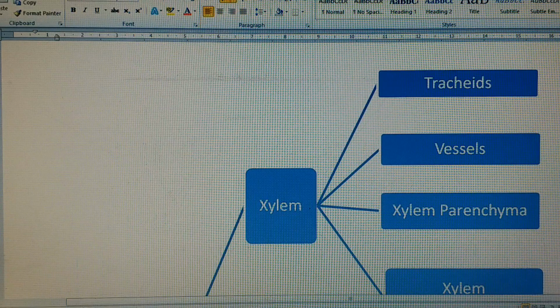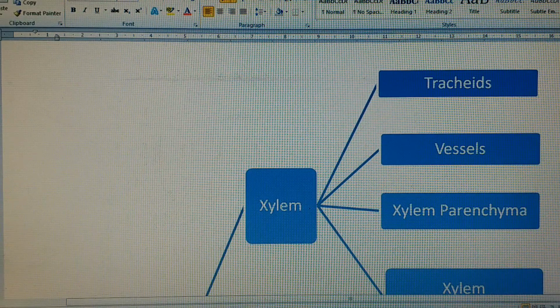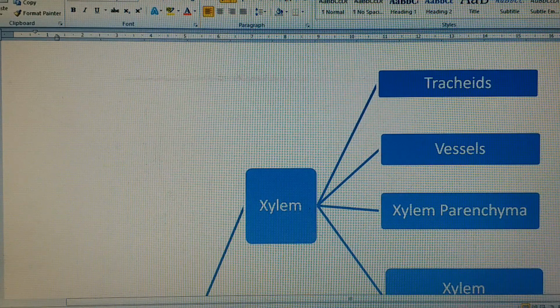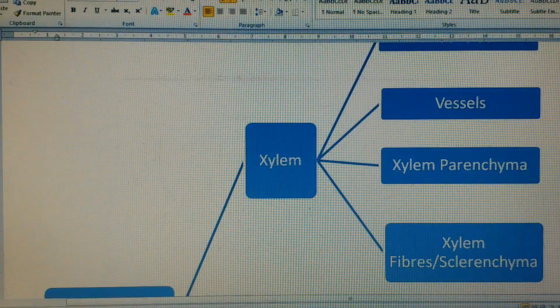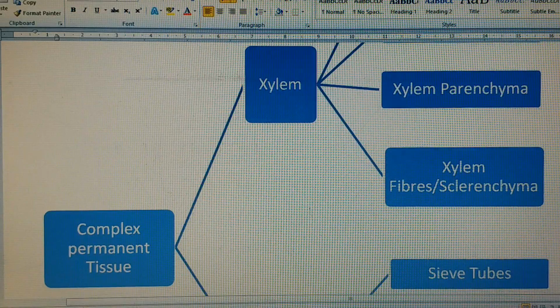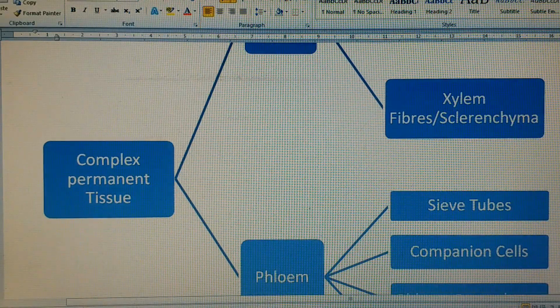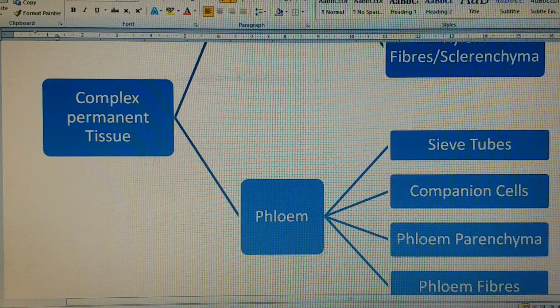Whereas in trachea, they have thin cell walls. Even though the deposition of lignin is also present here, they have thin cell walls, so the passage is very wide. Clear? The next one is vessels, then xylem parenchyma, and the last one is xylem fibers. Xylem fibers also provide mechanical support to the plant body.